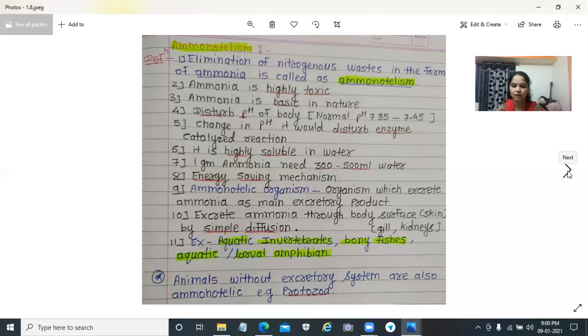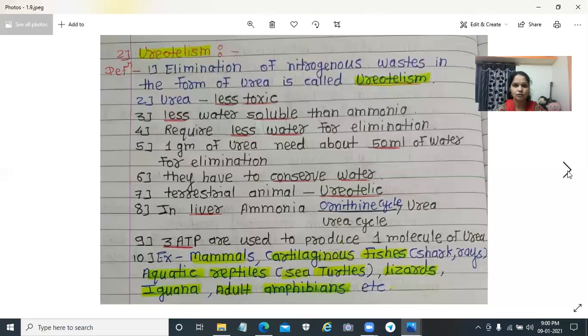Now the second mode of excretion is ureotelism. According to the name, ureotelism, urea is the main excretory product. Let's learn about its definition. Elimination of nitrogenous waste in the form of urea is called ureotelism.